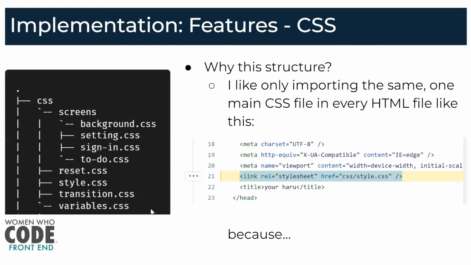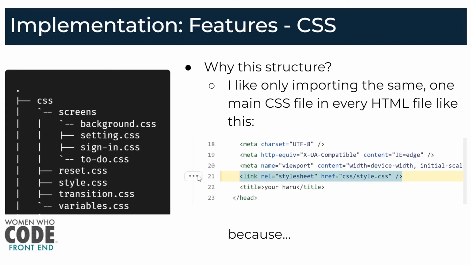So you might be wondering, why this project structure? And I want to talk about my personal preference of importing CSS to HTML. So personally, I like only importing the same one main CSS file in every HTML file like this.